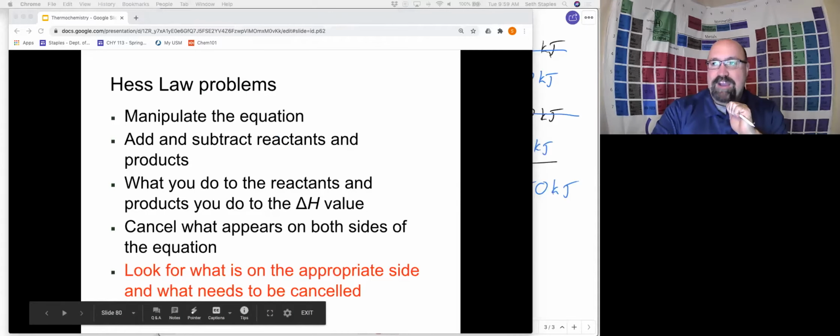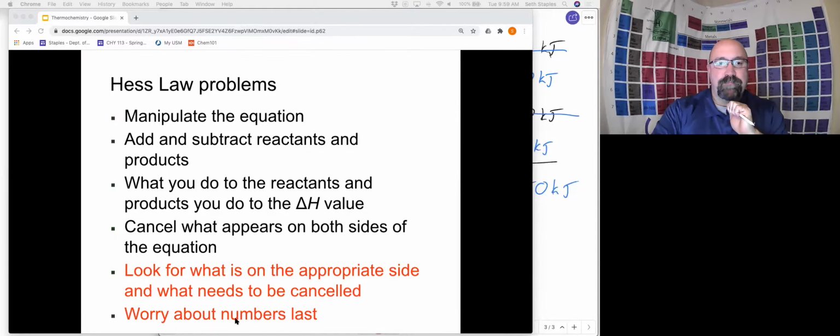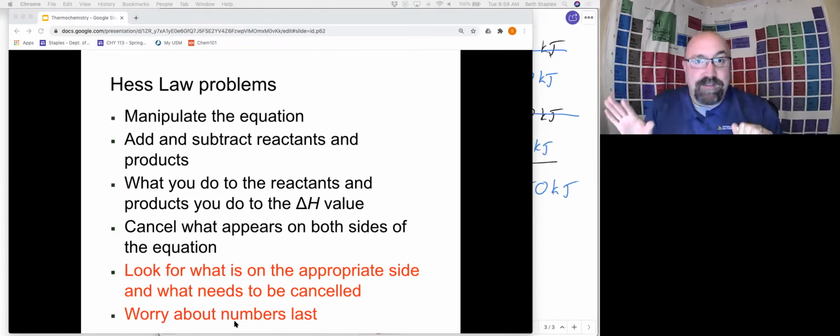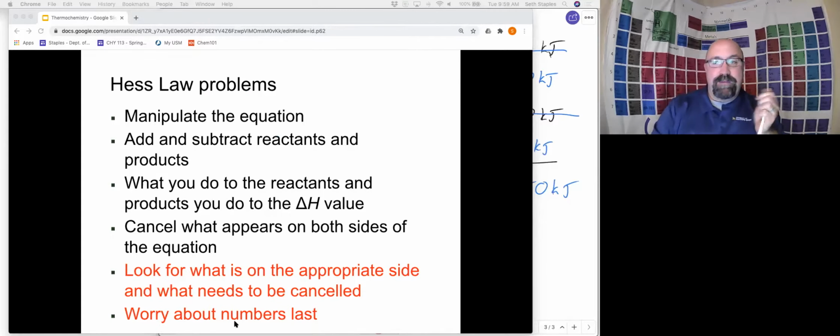Worry about the actual calculating of enthalpy until the very last. You'll notice in these two examples that I've done, I didn't worry at all about my final enthalpy calculation until after I'd done my manipulations, after I knew everything canceled out that needed it to. At that point, I said, okay, now I've manipulated my equations in the way that I need to. It means that I've manipulated my enthalpies how I needed to. Now I just add them up.